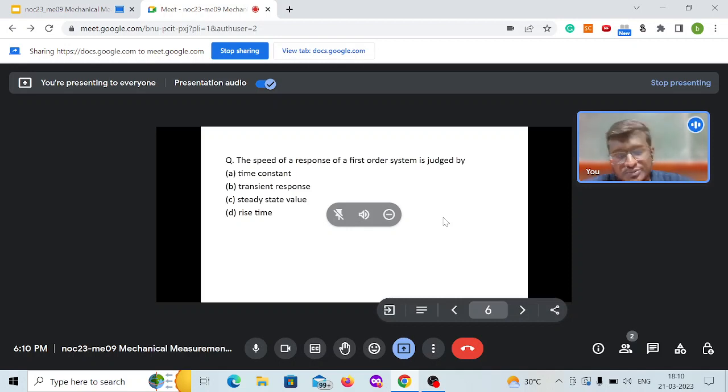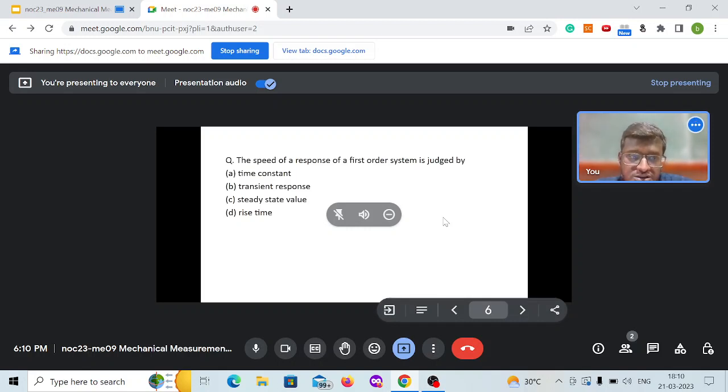And then moving on to the next question: the speed of response of a first order system is judged by which of four options? A is time constant, B is transient response, C is steady state value, D is rise time.